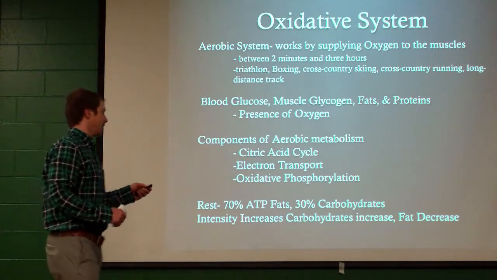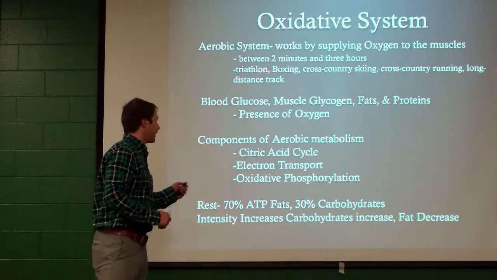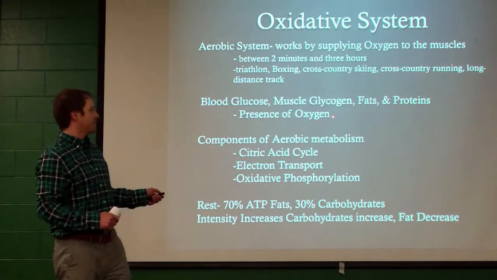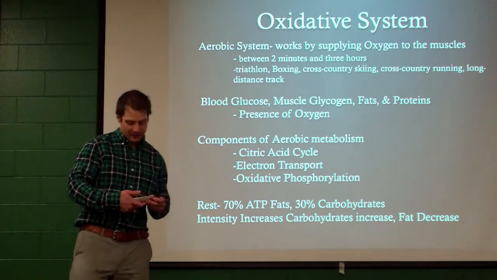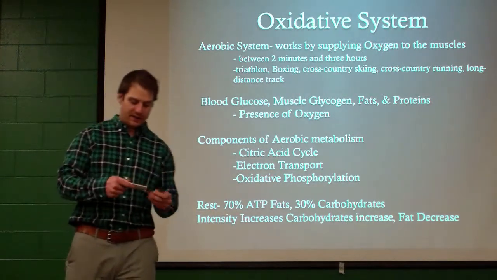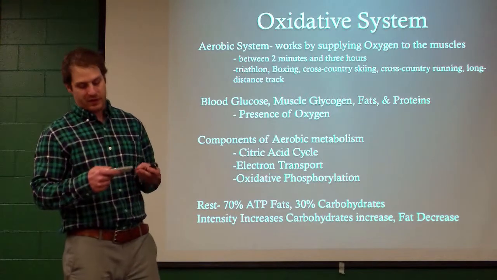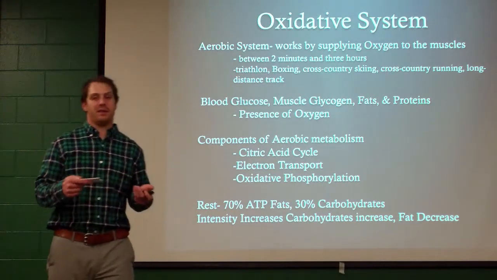So that's how carbohydrates, blood glucose, and muscle glycogen are used. The fats, fatty acids, enter the citric acid cycle through beta oxidation.